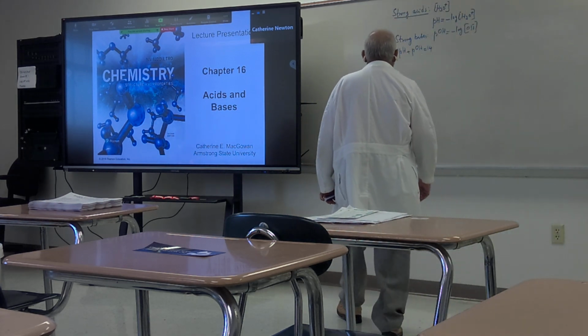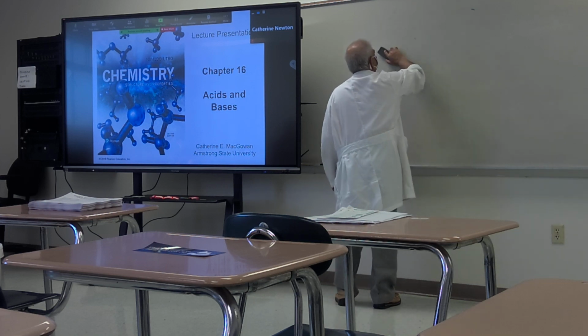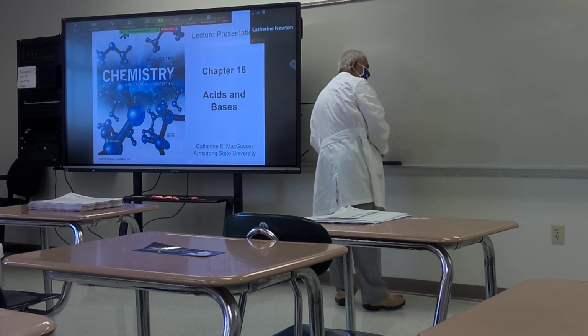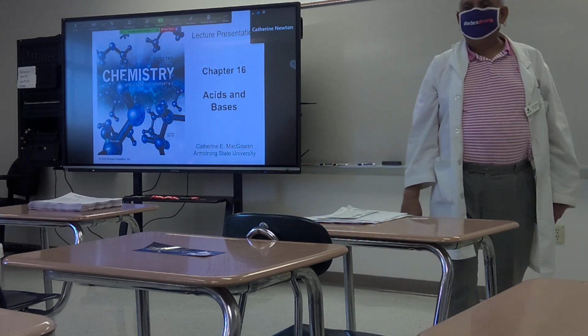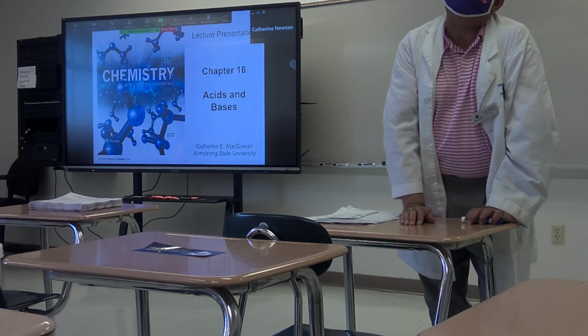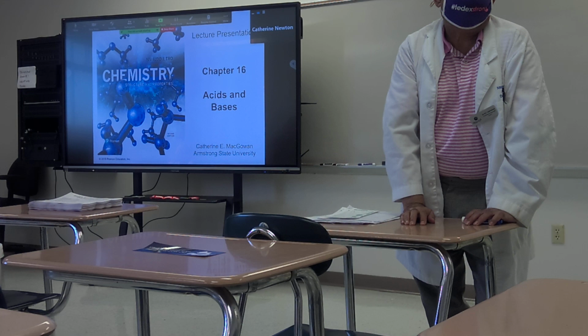The problem comes only for weak acids and weak bases. Remember, if you want to calculate the pH, you are supposed to know the exact concentration of hydronium, the exact concentration of hydroxide ion.